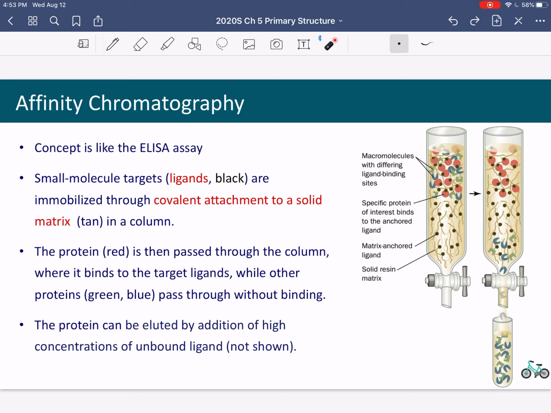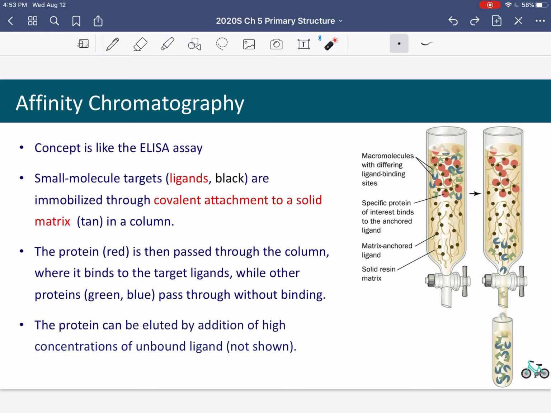And our protein, which is the red protein in this case, very specifically binds to the black ligand. But none of the contaminating proteins, not the blue Pac-Man or the squarish green molecule, they don't have any affinity for the black ligand. And so they wash through with the mobile phase and are found in the earlier fractions.